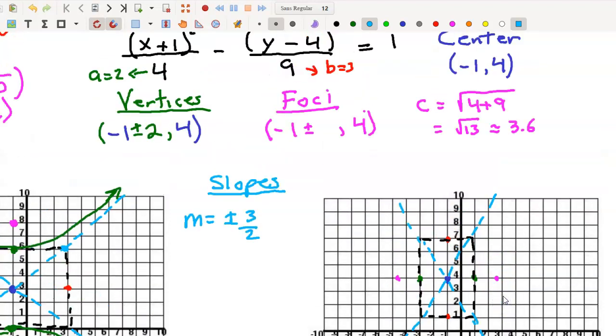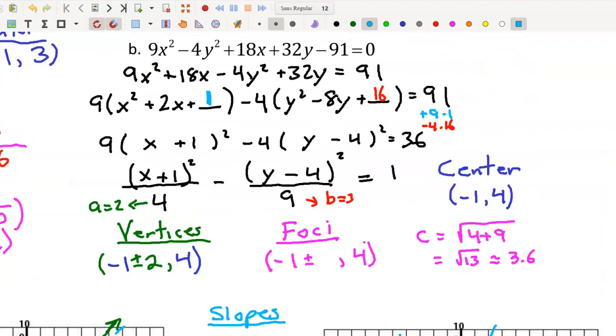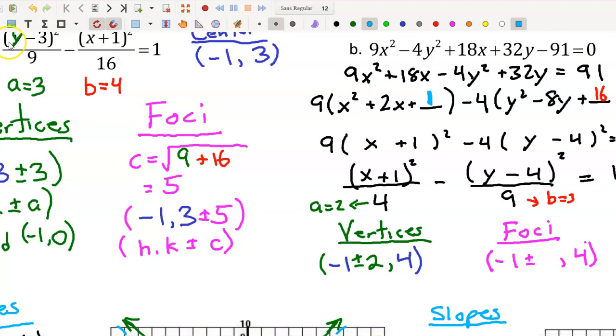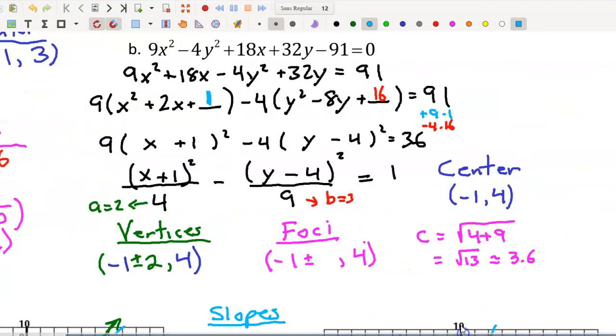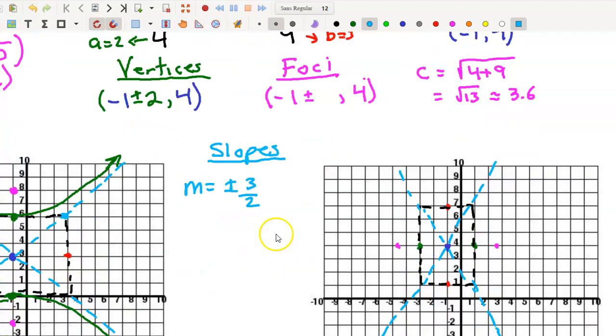Yeah, the most important question, I guess, kind of skipped, which is, from the very beginning, which way is it opening? We did that for the ellipse, but since the x is positive and the y is negative, we know it should be opening left and right. Whereas the first one, the y was positive, the x was negative, that's opening up and down. So whatever variable is listed first here, or whichever one's the positive one, that's the direction we're going to be opening.